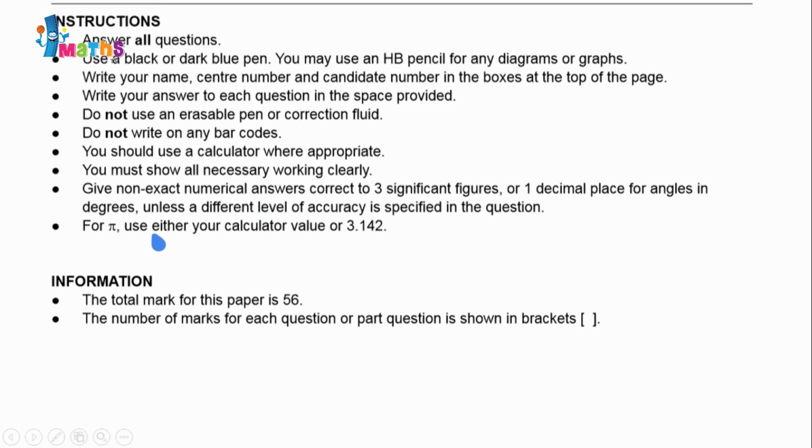For pi, use either your calculator value or 3.14. Information: this paper has a total of 56 marks, and the marks for respective questions are provided in brackets.